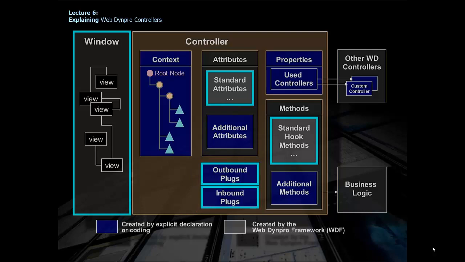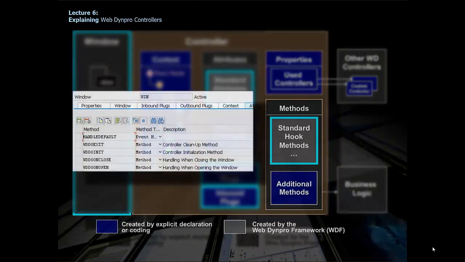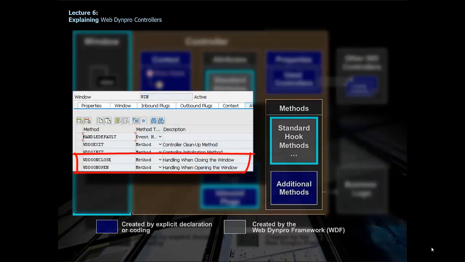If the usage of the component controller is declared, the window controller contains the additional attribute WD comp controller, which we have already seen in the view controller. This attribute allows also to access component controller functionality. Window controllers also have special hook methods. This is the WD on open and the WD on close method.